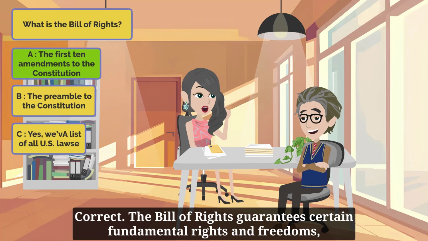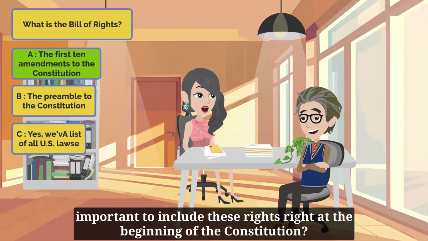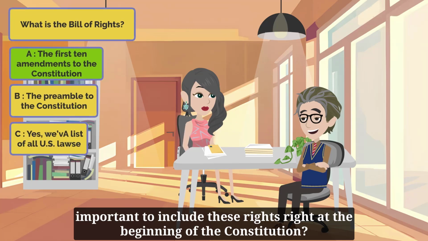Correct. The Bill of Rights guarantees certain fundamental rights and freedoms, such as freedom of speech, religion, and the right to a fair trial. Why do you think it was important to include these rights right at the beginning of the Constitution?